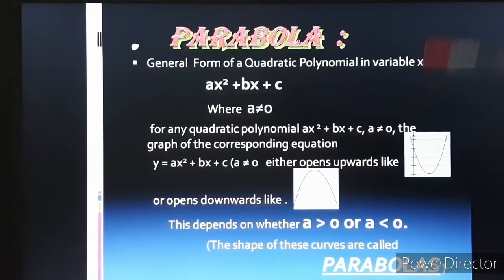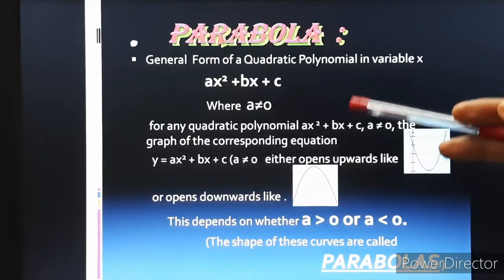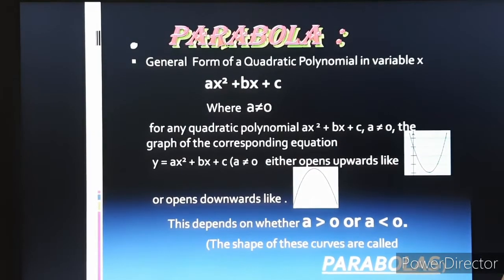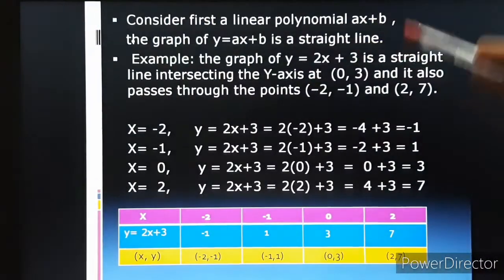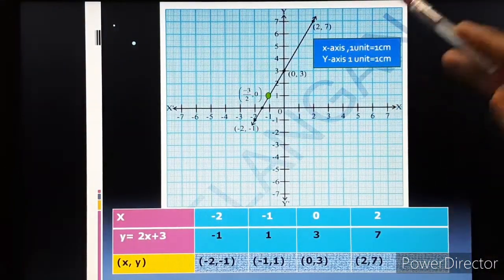So the graph of the corresponding equation will be of 2 types. For a linear polynomial, we got a straight line, right? Only a straight line.